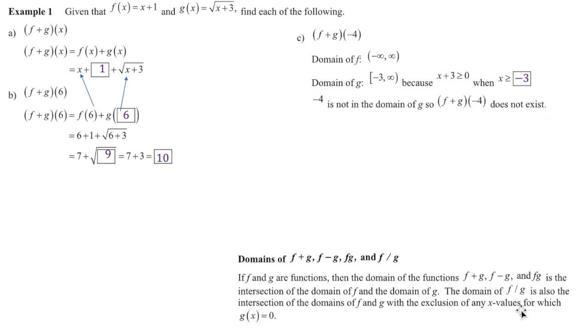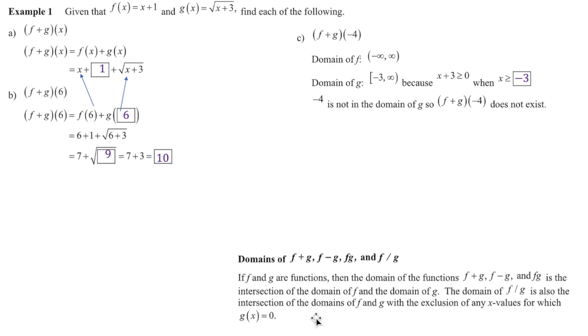If f and g are functions, then the domain, when we add, subtract, or multiply, is the intersection of their domains. And the domain of f divided by g is also the intersection with the exclusion of any values for which the denominator is 0. So we'll exclude any value for which the denominator is 0 in that case.